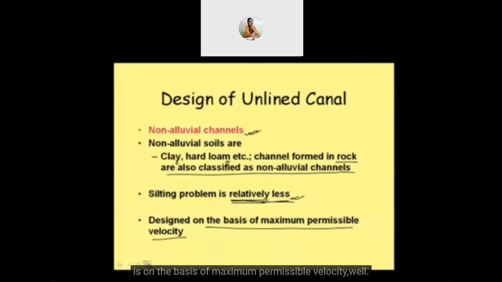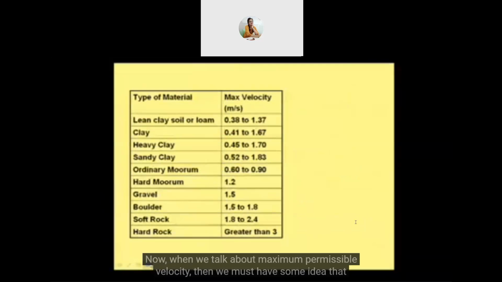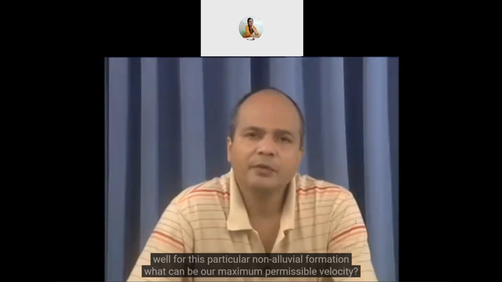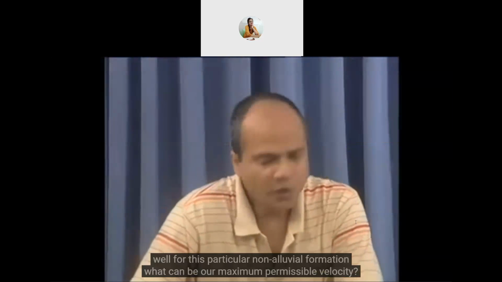Well, now when we talk about maximum permissible velocity, we must have some idea of what can be the maximum permissible velocity for this particular non-alluvial formation.